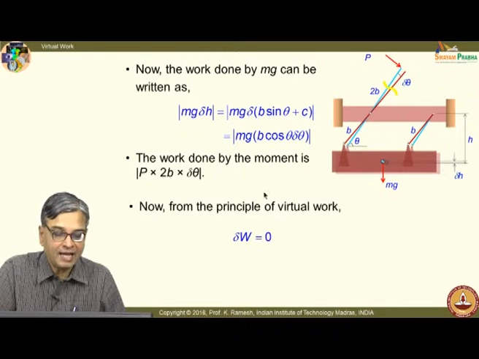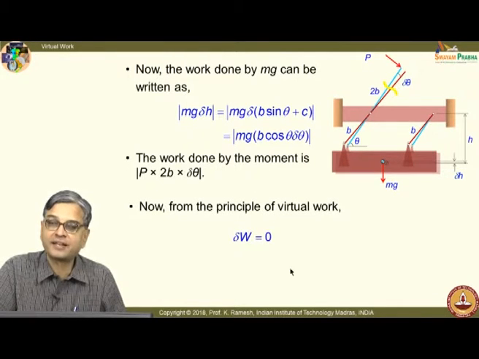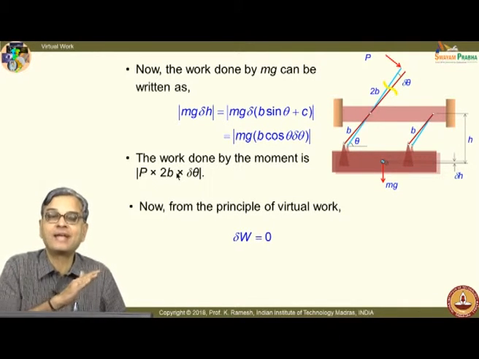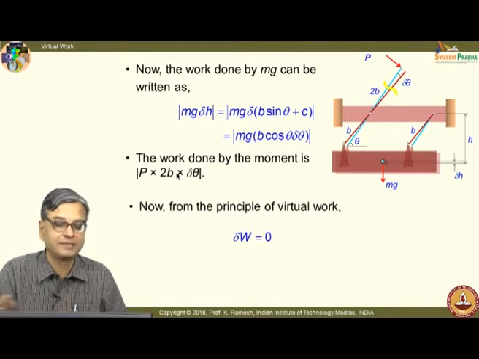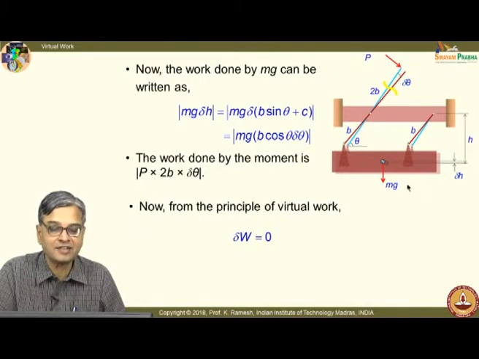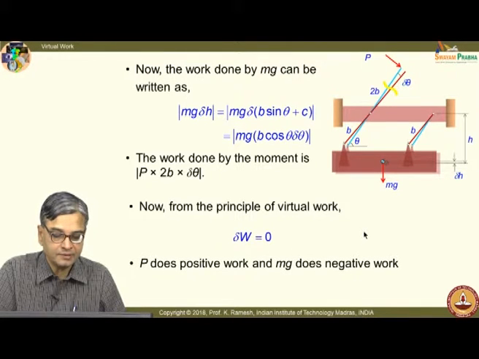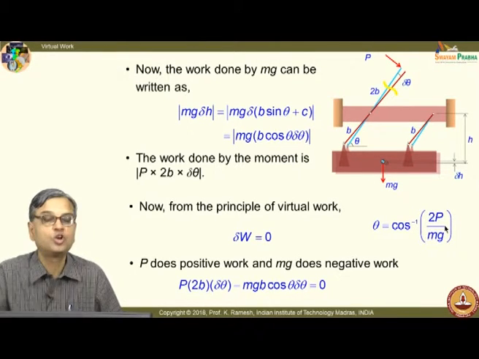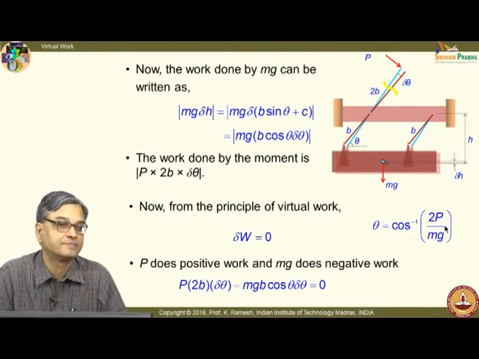Now, while writing this expression, recognize that the force and the corresponding displacement are in the same direction, so that it is positive. The force and the corresponding displacement delta h in this case are in opposite sense. So, you get the expression like this. I directly get theta equal to cos inverse 2p by mg.